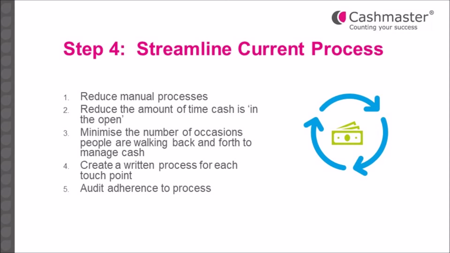We find these 5 areas typically have the biggest impact on your pinpointing of wastage: reducing the manual processes where possible, and reducing the amount of time cash is in the open. You want to be quick and efficient at counting. You don't want a customer to walk up to check out while you're counting at the register trying to figure out what you're going to deposit for the day.